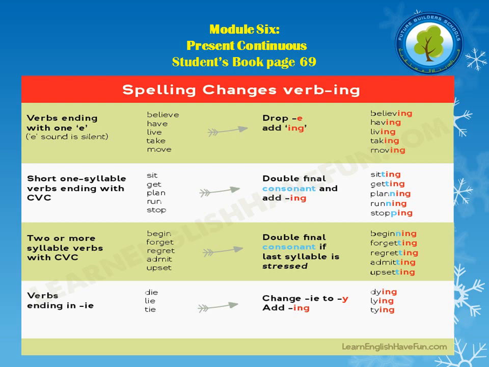Meaning عندما يكون لدينا فعل مكون من مقطعين أو أكثر, ولكن آخر مقطع في هذا الفعل يتكون من حرف ساكن, حرف علة, حرف ساكن, ويكون المقطع الأخير مشددا.